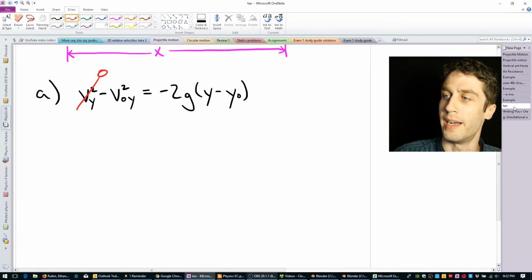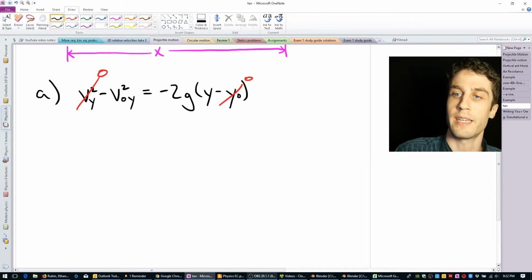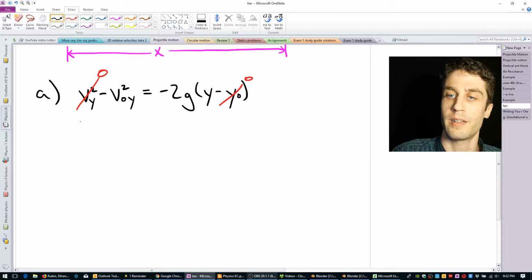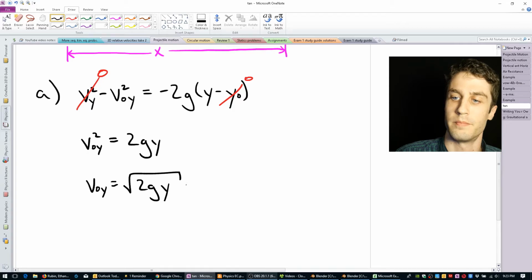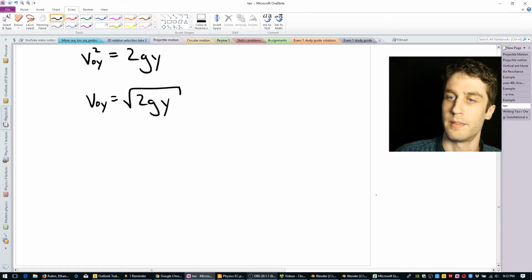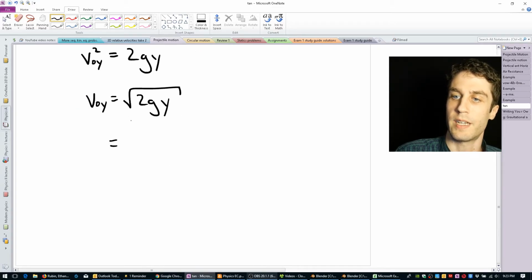Likewise, y naught is the place where Odysseus stands, and so this is also going to be 0. And so, getting rid of the negative signs, we get v naught y squared is equal to 2g y. And therefore v naught y is equal to the square root of 2g y. All right. Plug in some values. That's the square root of 2 times 9.8 times 20.